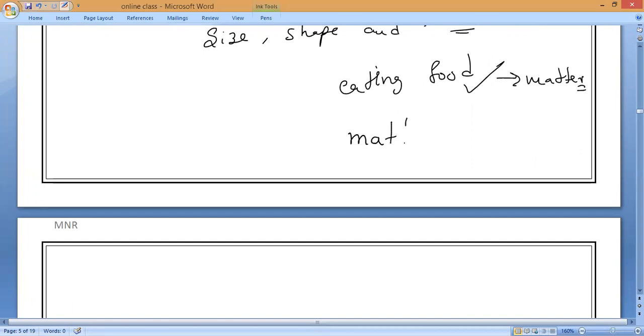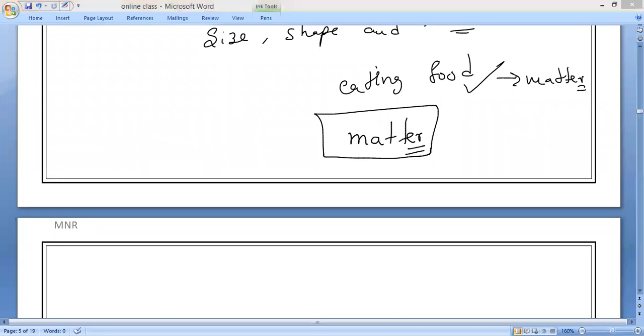Matter. Including us, human beings, animals, plants, trees, small creatures, dog, frog, all are examples of matter. So that is what you have to remember. Everything is an example of matter only.